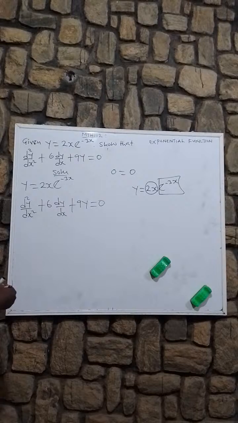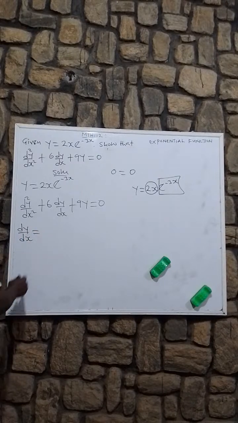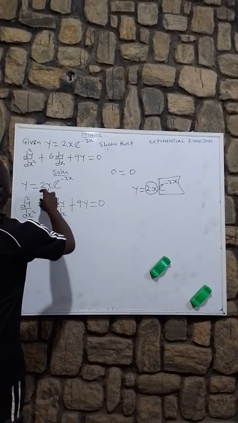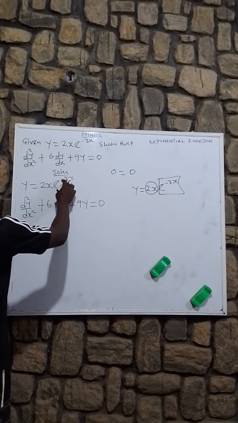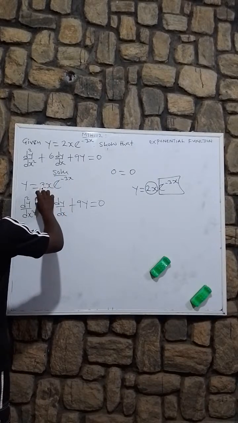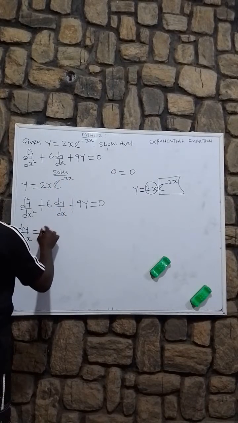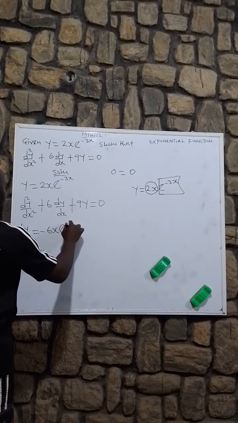So what we need to do here is our dy over dx. You hold this one, differentiate this. If you differentiate exponential minus 3x, you are going to have minus 3. Use it to multiply 2x, you have minus 6x exponential minus 3x.